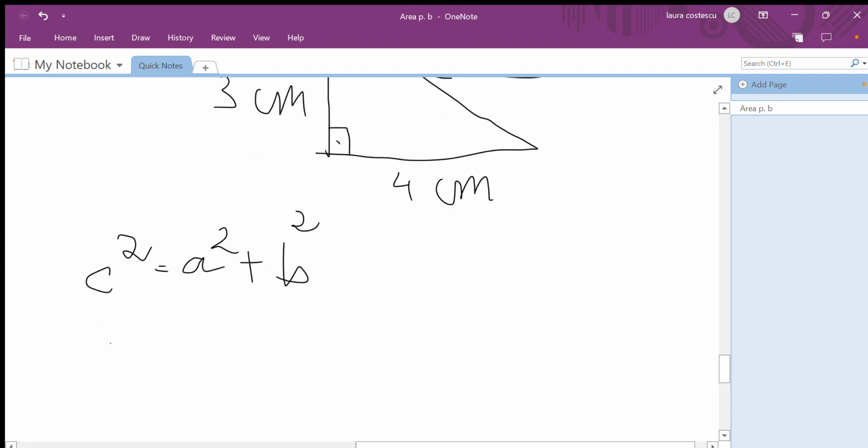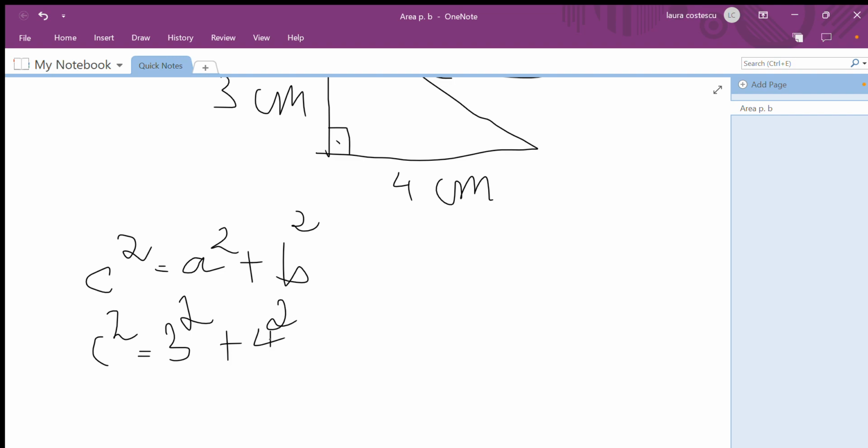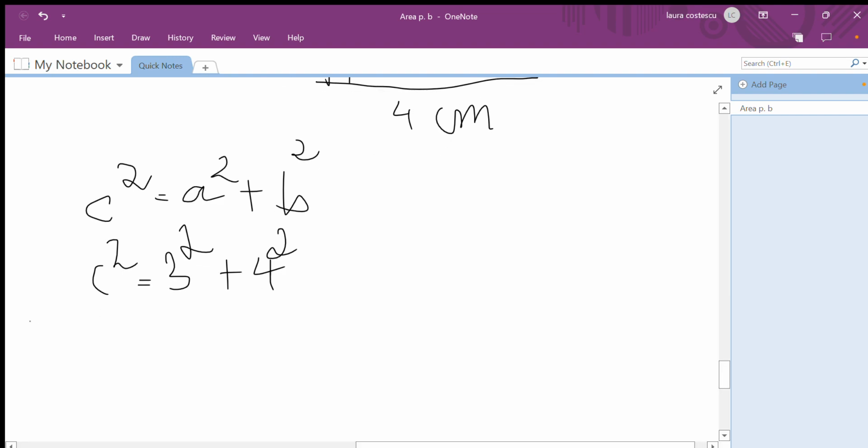But it really doesn't quite matter. So c squared will equal 3 squared plus 4 squared, right? So here we got our c squared value. This equals 25.